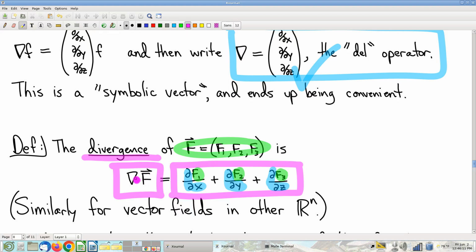You can literally see the dot product in here: first coordinate to first coordinate, second to second, third to third, add. So this is kind of a weird notation, arguably an abuse of notation, to write it as del dot f as a shorthand for this otherwise uncontroversial formula here. A little bit of a weird notation, but sure is handy.